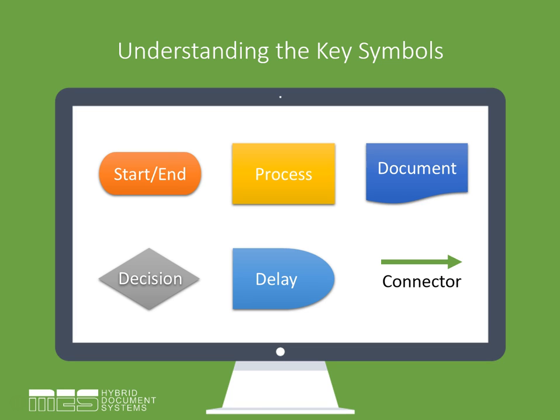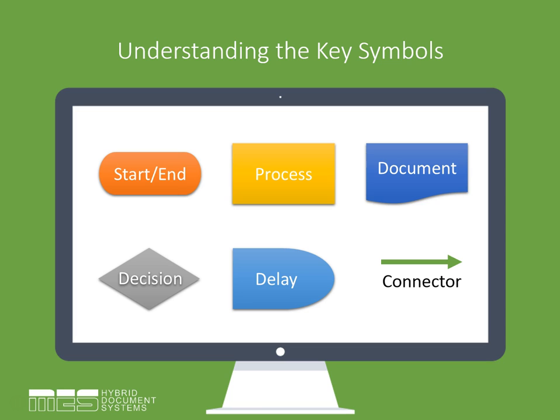The blue wavy shape is a document that's created, referenced, or acted upon. The gray diamond is a decision that's made. So typically you will see two connectors coming out of a decision, a yes-no decision, at least two. Out of all the other shapes, you're going to see only one connector come out of them.